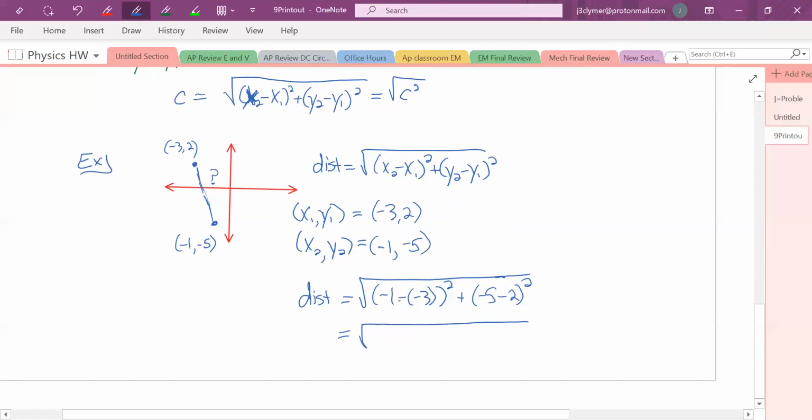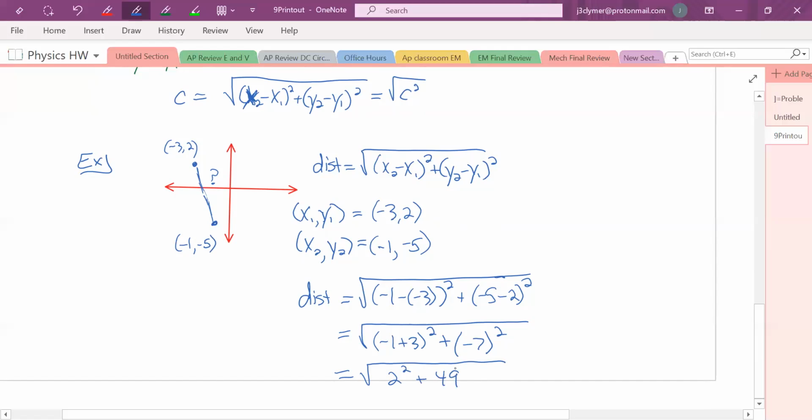So negative 1 minus the negative 3 is the same thing as negative 1 plus 3. And negative 5 minus 2 is going to equal negative 7. And so we're going to end up getting the square root of, negative 1 plus 3 is 2, so you get 2 squared plus, and then negative 7 times negative 7 is positive 49.